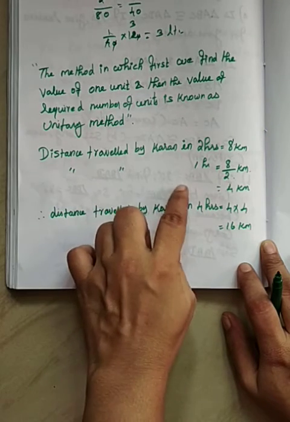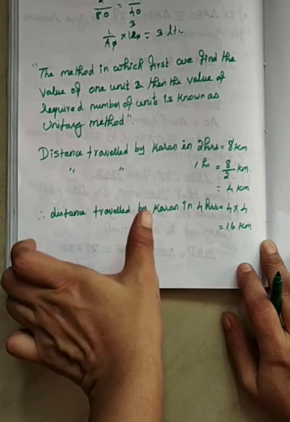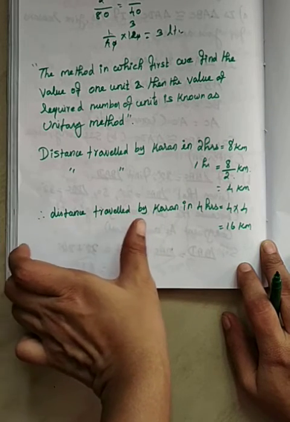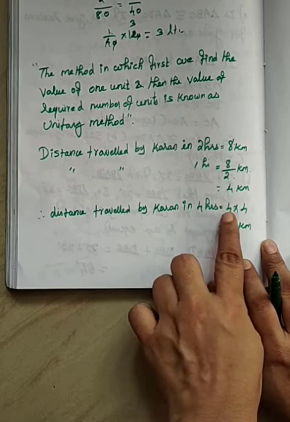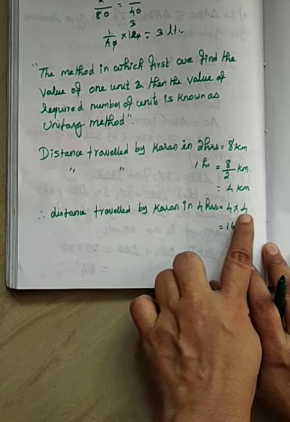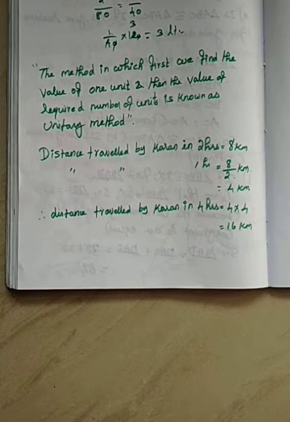That means the distance travelled by Karan in 1 hour is 4 kilometers. Now we have to find the distance travelled by Karan in 4 hours. So 4 kilometers, 4 into 4, what is that? 16 kilometers. So therefore the distance travelled by Karan in 4 hours is equal to 16 kilometers.